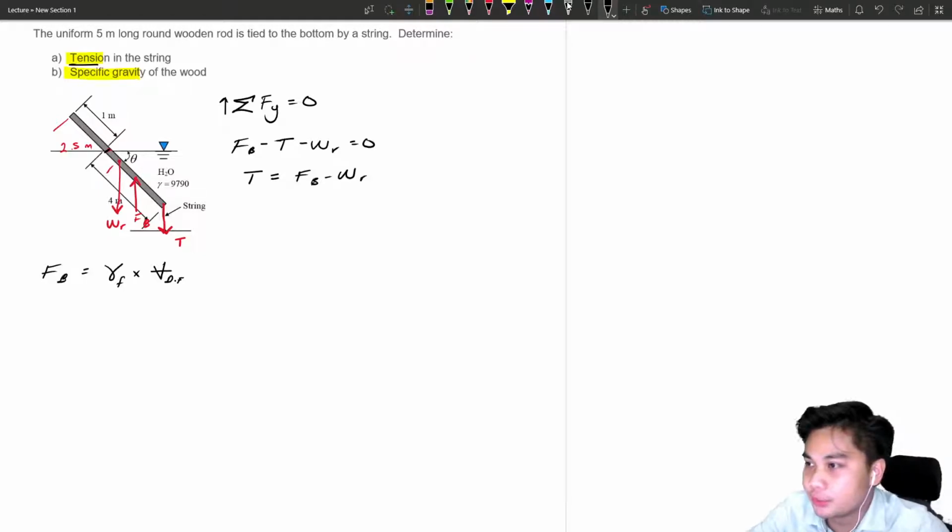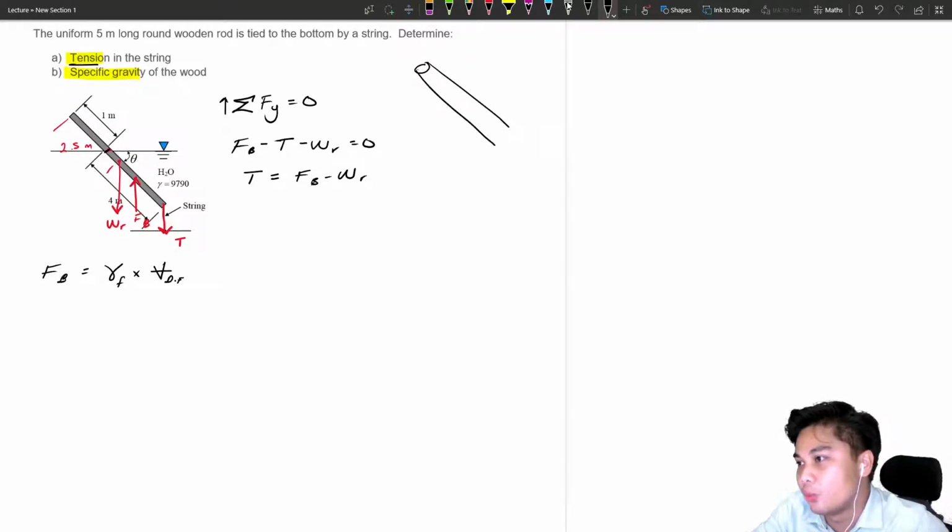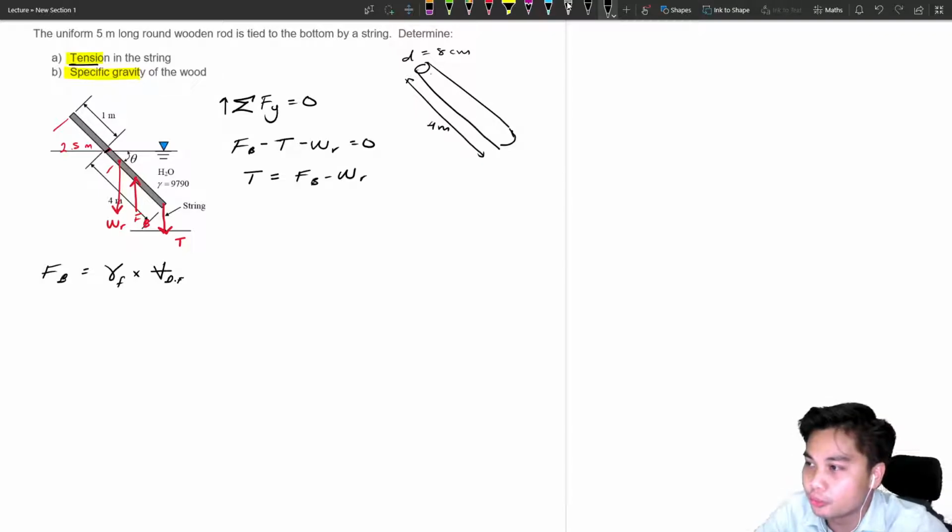Based on this, we can get the cross-sectional area and the volume. The diameter is 8 centimeters, and the length here is 4 meters. This is the volume of displaced fluid.